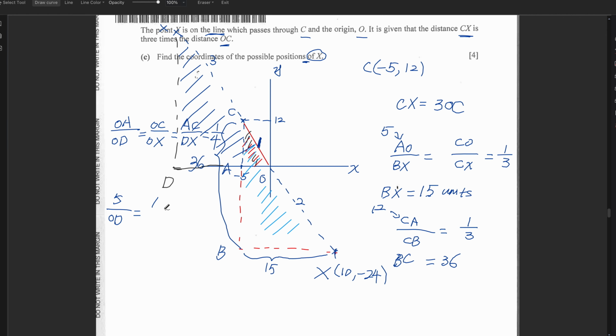AC is 12 divided by DX. DX we don't know, we need to find, equals 1 over 4. Therefore, OD is 20 units. DX is 48 units.